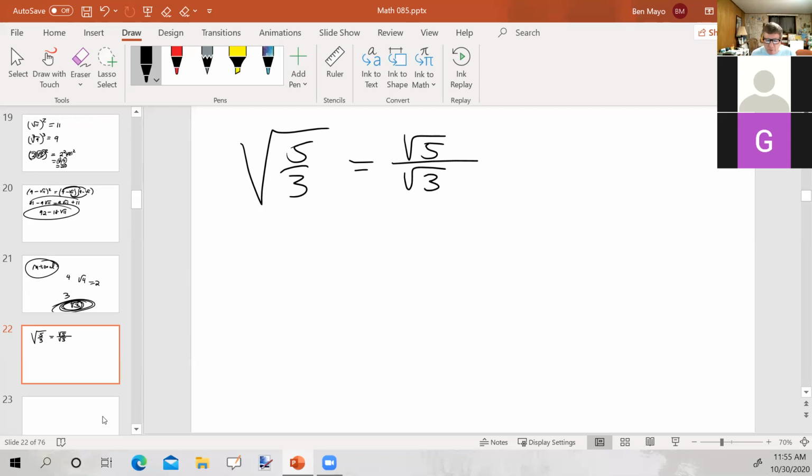I want to rewrite this fraction such that the denominator is rational. So my question is this: what do I have to do to the denominator to turn it into a rational number? So what am I going to put right in here? The square root of 3 times what would give you a nice rational number?